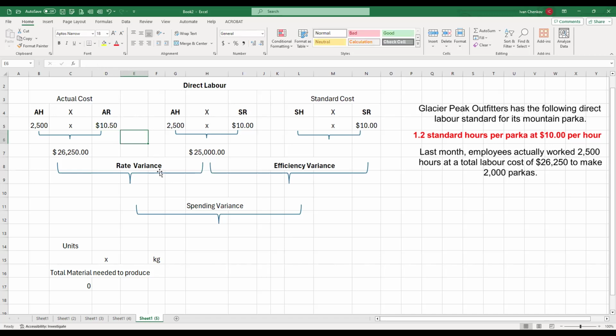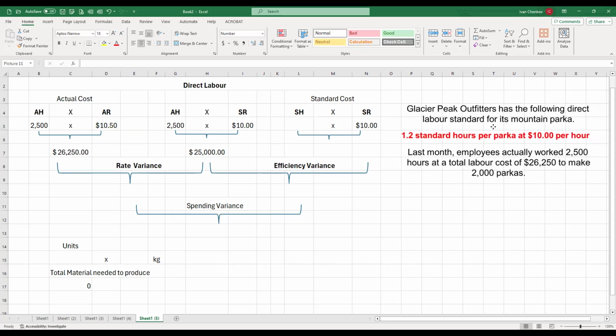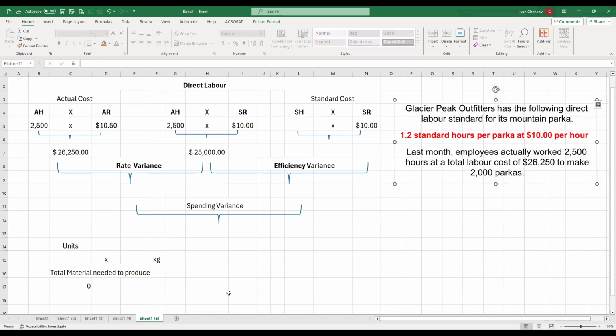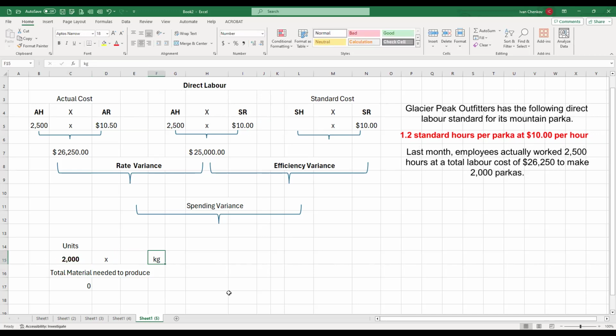What's the last number that I need? Standard hours. How am I going to get that number? Well, I'm going to check how many units I produce. 2,000 units. Based on my standards, how many hours do I need to produce 1 unit and 1 unit only? 1.2.